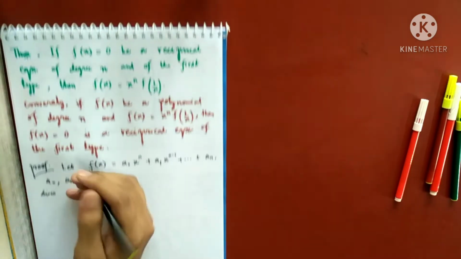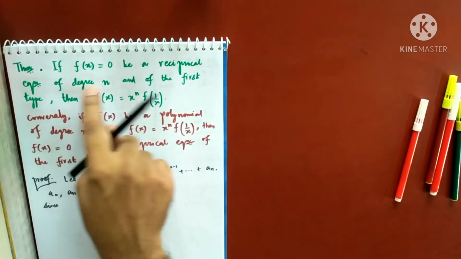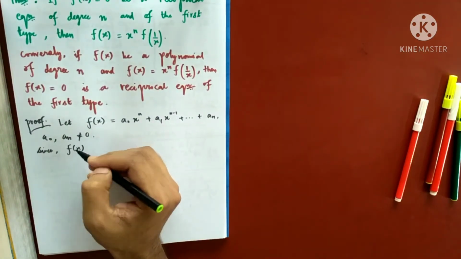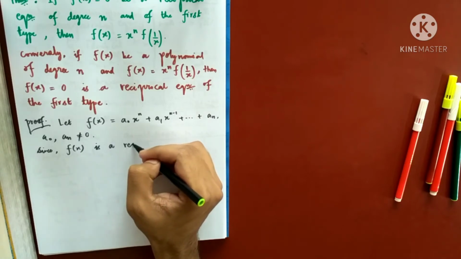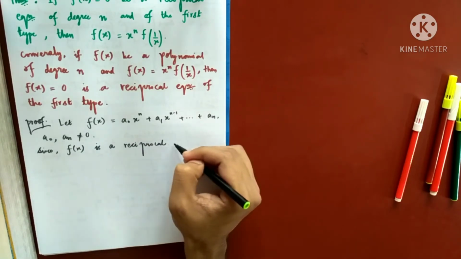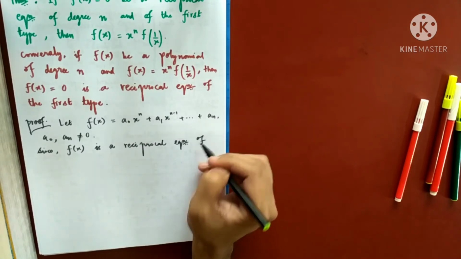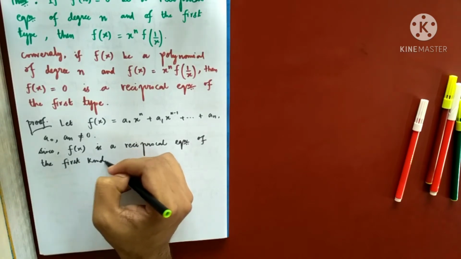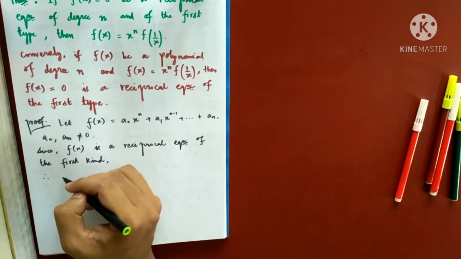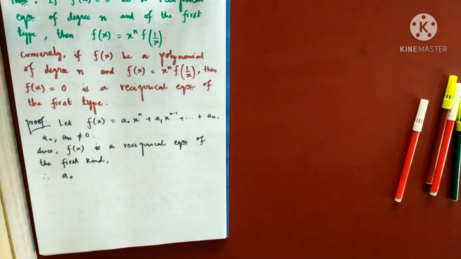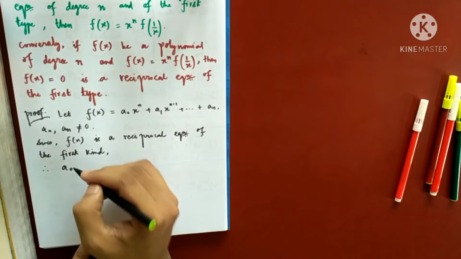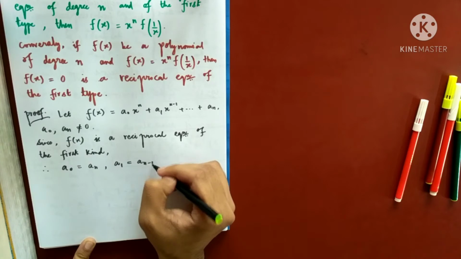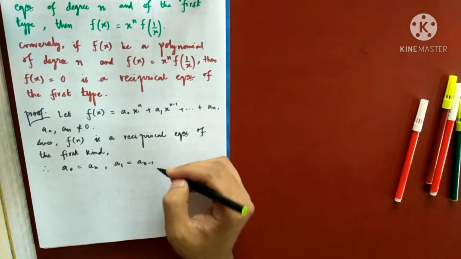Since what is given in the question is that this is a reciprocal equation of degree n and of first type, since f(x) is a reciprocal equation of the first kind, therefore the first coefficient will be same as the last coefficient, the second coefficient will be same as the second last coefficient, and so on.